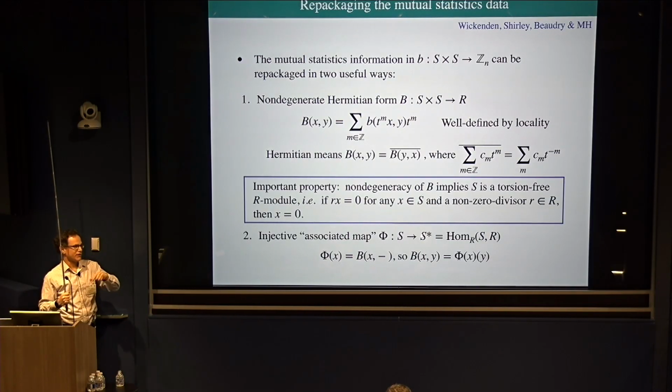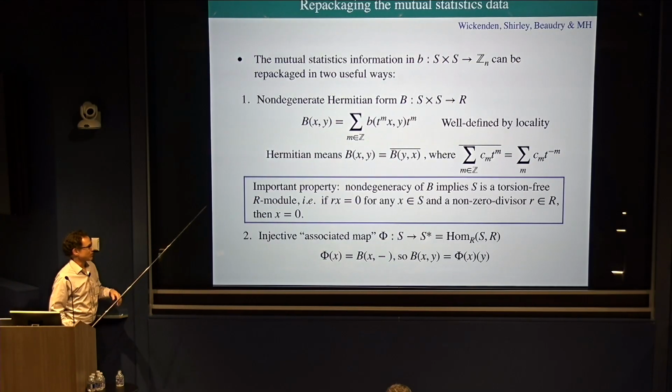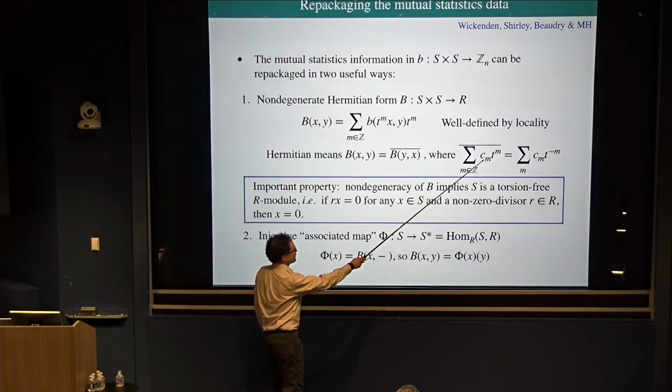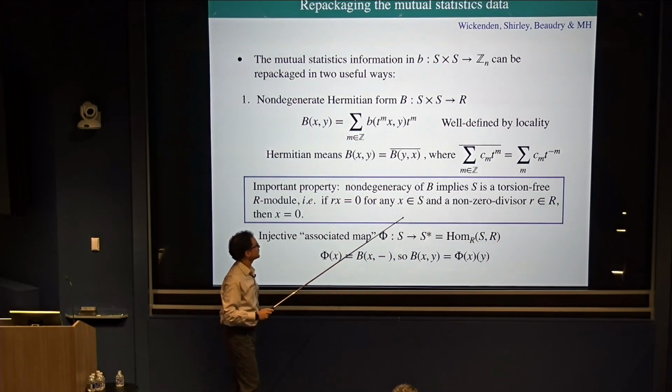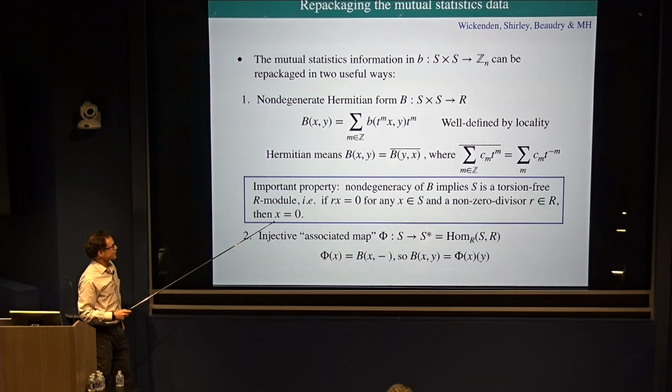So the different coefficients of that polynomial are the statistics of all the relative translates of x and y. Okay? And there's a kind of complex conjugation operation here, which is just inverting the translations. And this is Hermitian with respect to that operation.